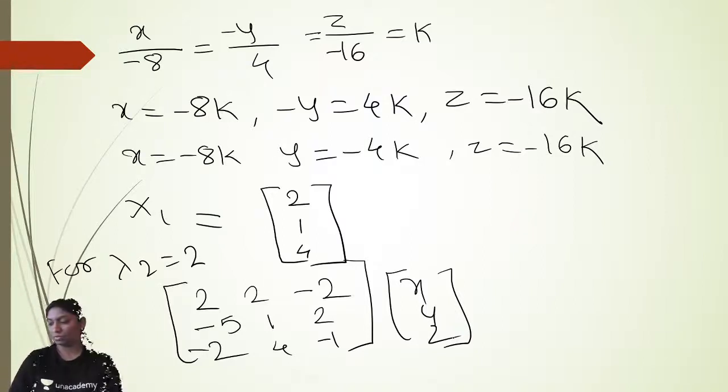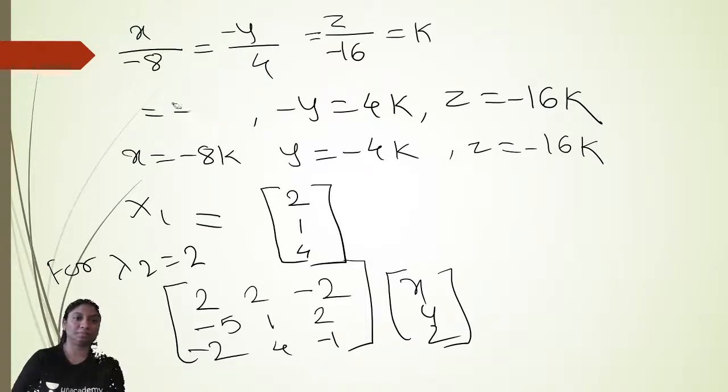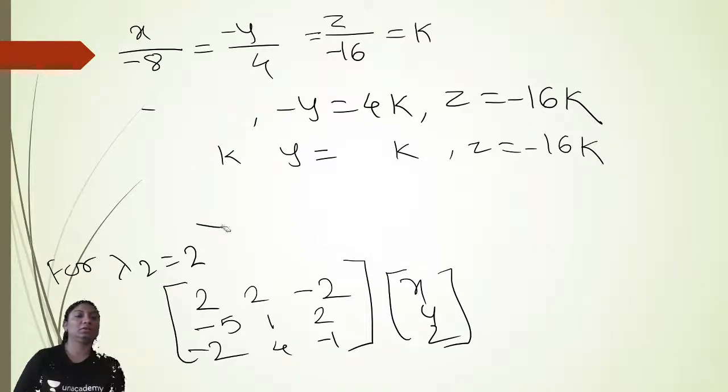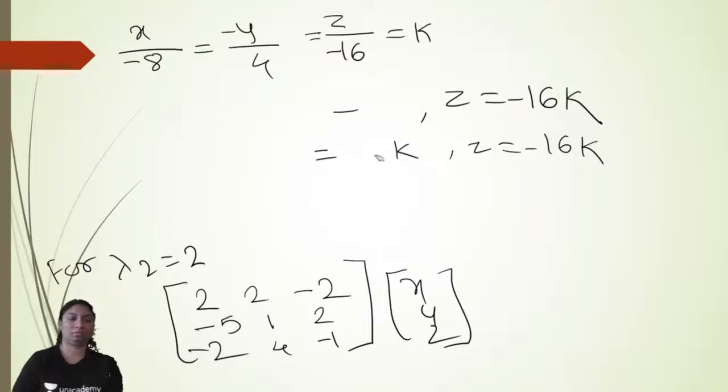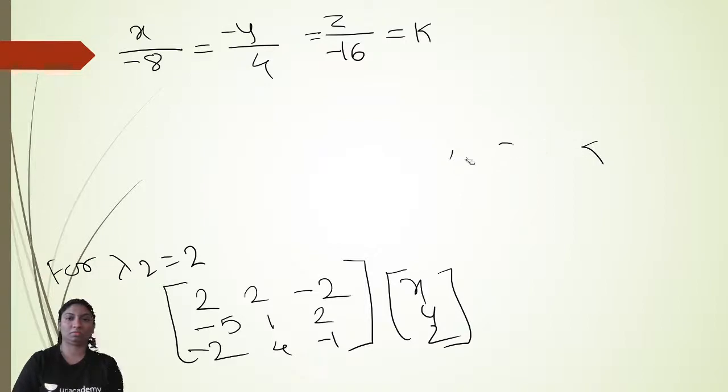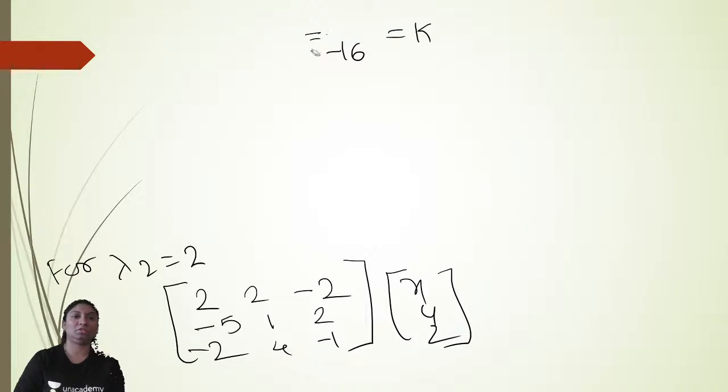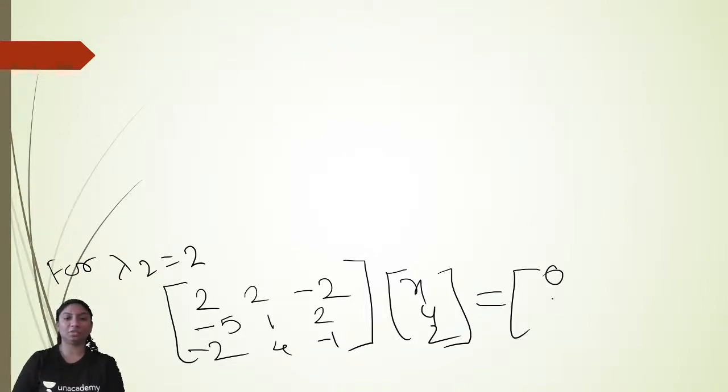Exactly in a similar way we can calculate here. I'm directly writing it. So your system of equations becomes, with the help of this, is equal to 0, 0, 0.